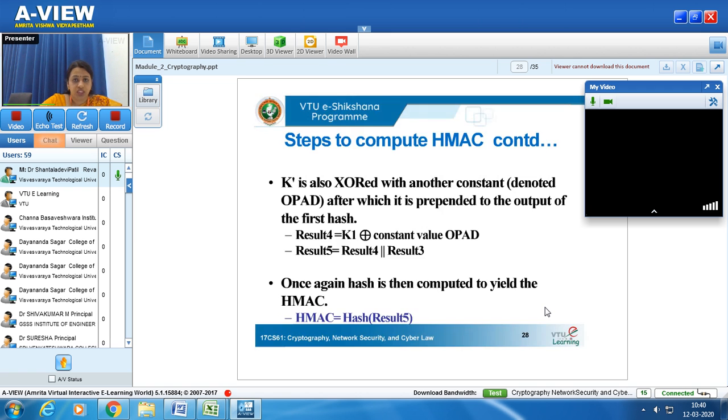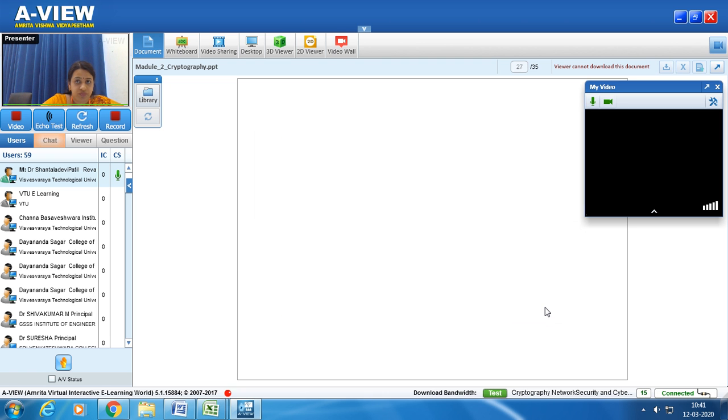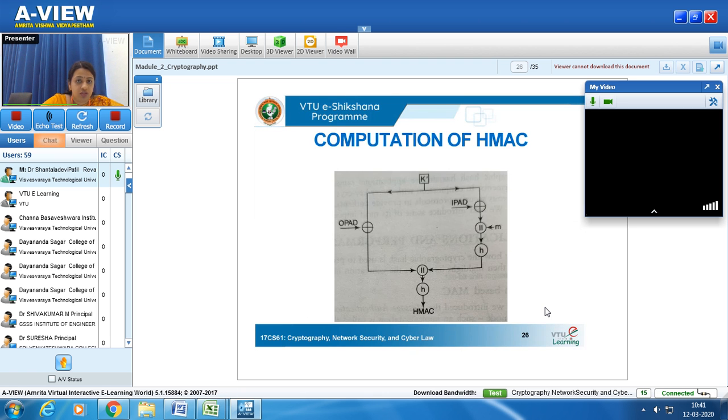So we need to work on the other end now. K dash is XORed with another constant, after which it is prepended to the output. So first, K dash or K1 is XORed with the constant value of OPAD on the other end, and we obtain result 4. Now what do we do with result 3 and result 4?